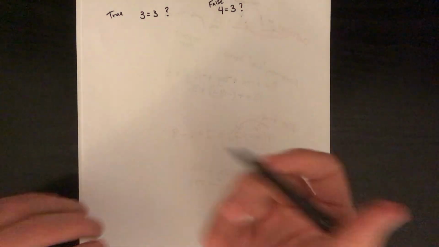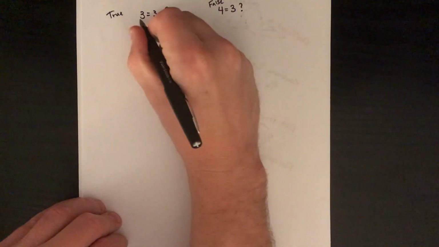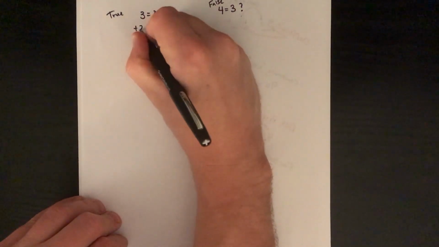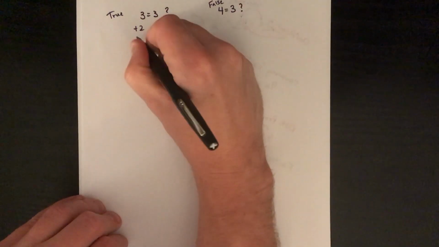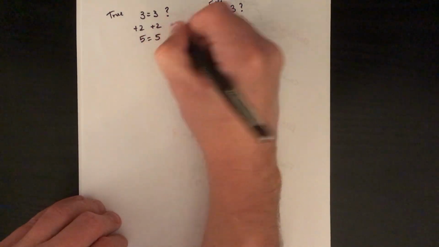And that's where these things called the properties of equality came through, where I did this really boring thing where I was like, okay, so if you start with a true equation, you can add the same number to both sides and you get 5 equals 5, and that's still a true equation.